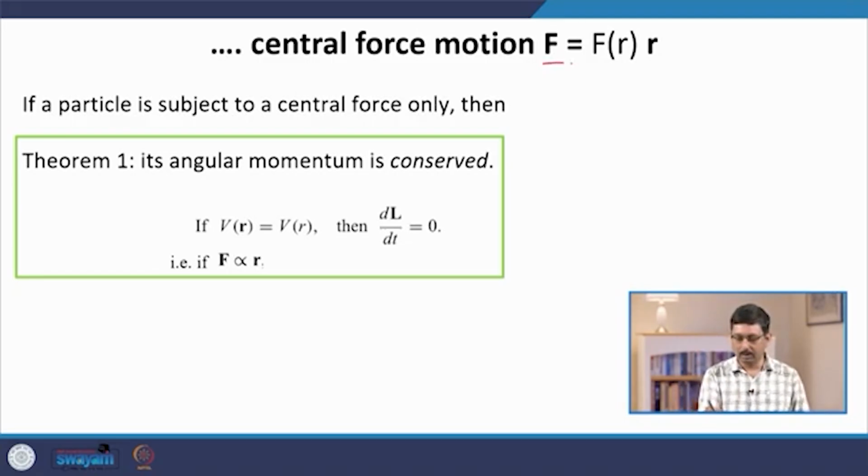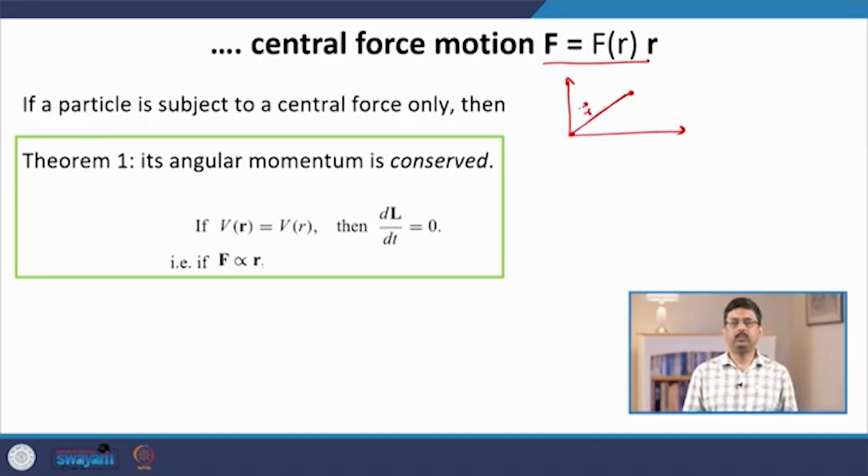Let us say some particle is moving around the origin, and there is a force acting on this particle which is always along its position vector. So the direction of the central force is along the position vector. This is the definition of a central force, that is why it is called central.